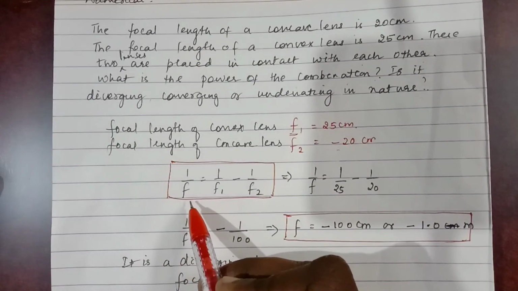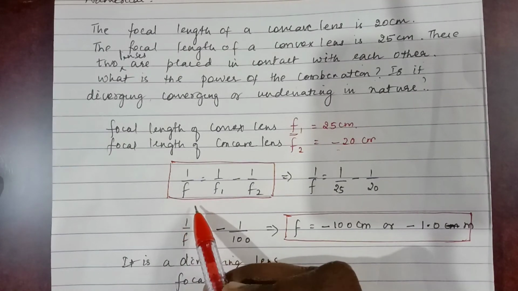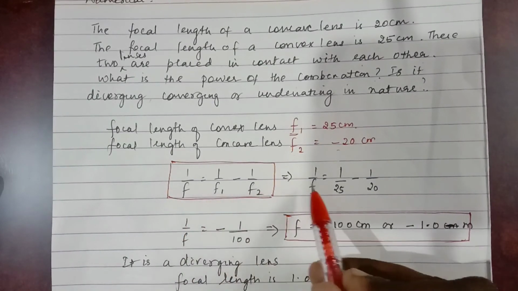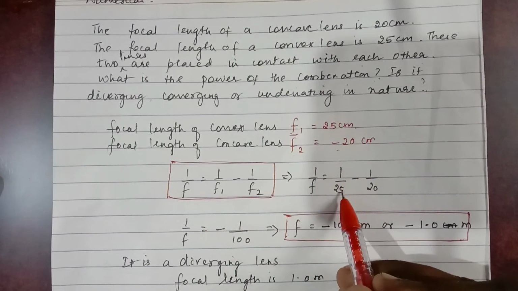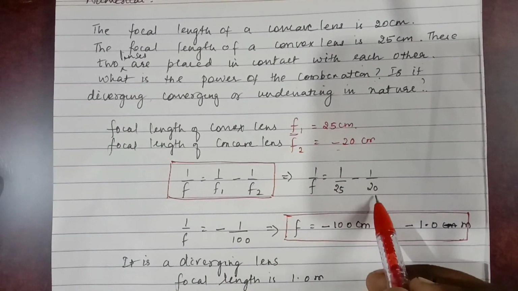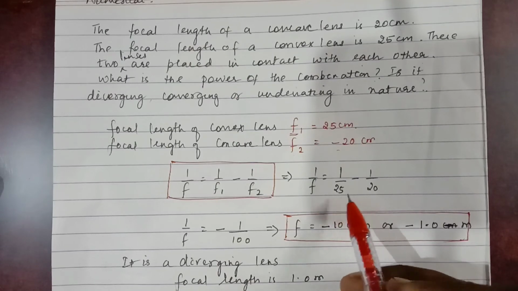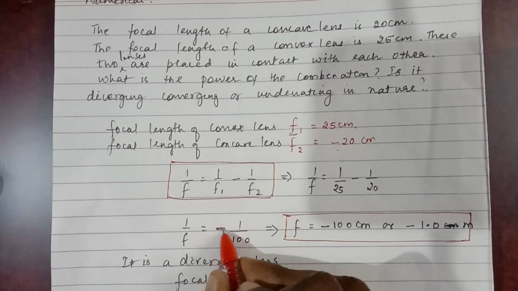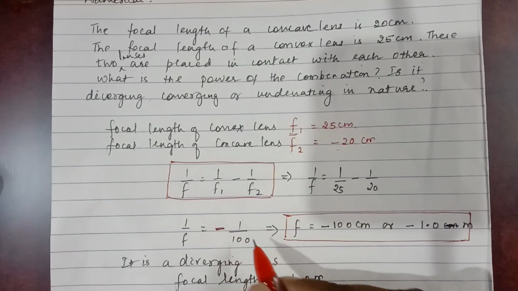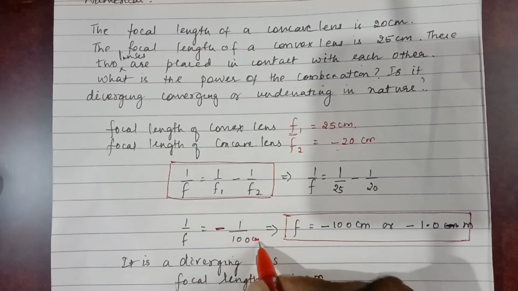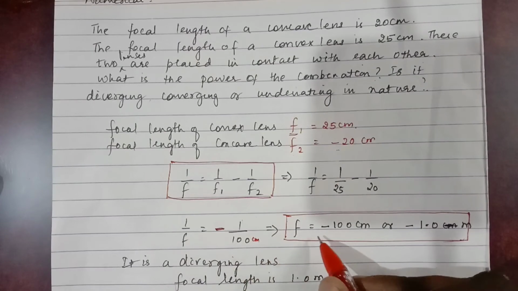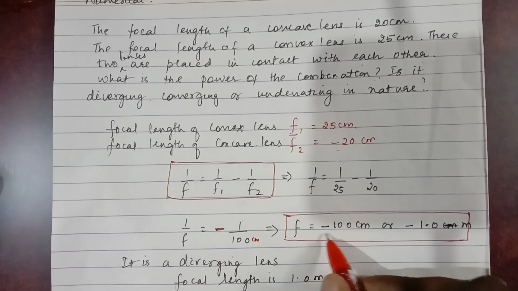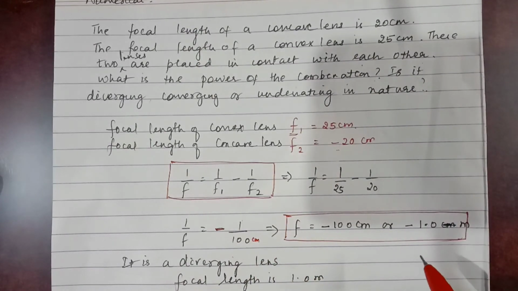So applying the combined focal length formula, we get 1 by f will be equal to 1 by 25 minus 1 by 20. If you solve, we get 1 by f will be equal to minus 1 by 100 centimeter. That is, the focal length will be minus 100 centimeter.